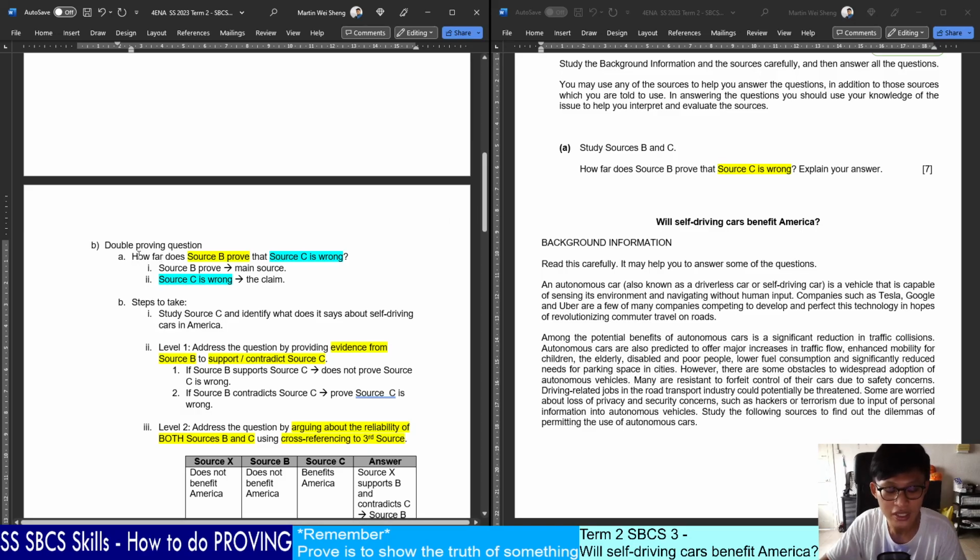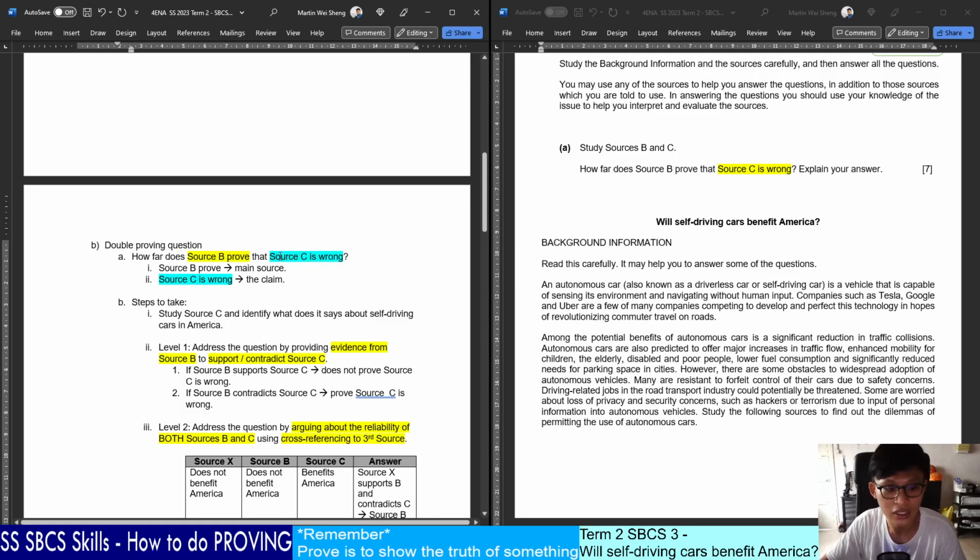So the question is usually structured as such. How far does source B prove that source C is wrong? The claim over here would be something about source C and whether or not it is right or wrong. Most commonly seen is wrong.